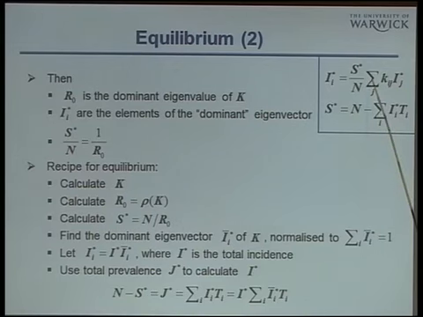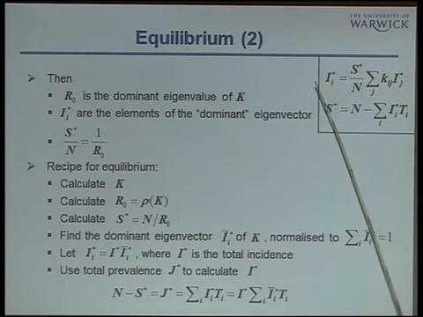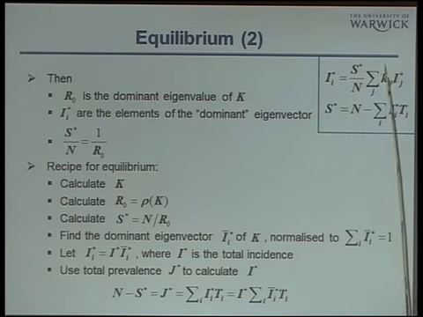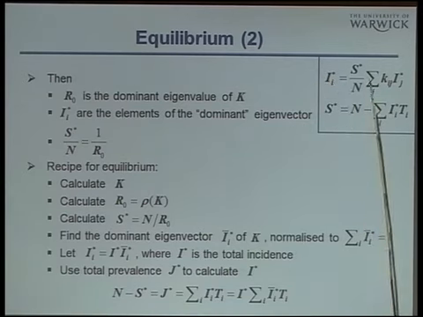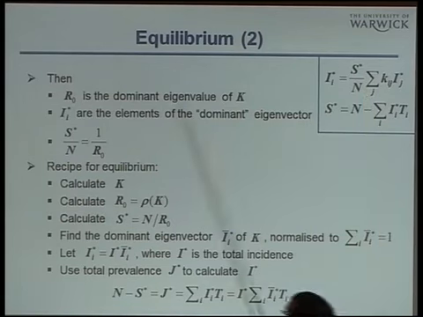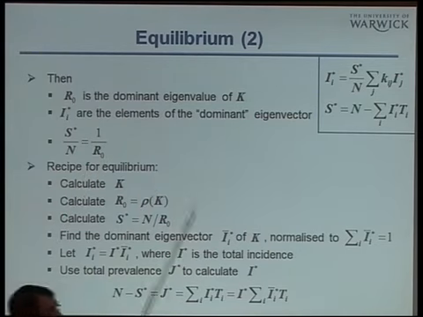So this product here is R0 times the vector itself. That needs to be equal to the vector itself. So this fraction here has to be 1 over R0 to cancel out the factor R0 in front of it. And so I get that the fraction of the susceptible population is 1 over R0, which is the standard result, the standard condition for equilibrium.